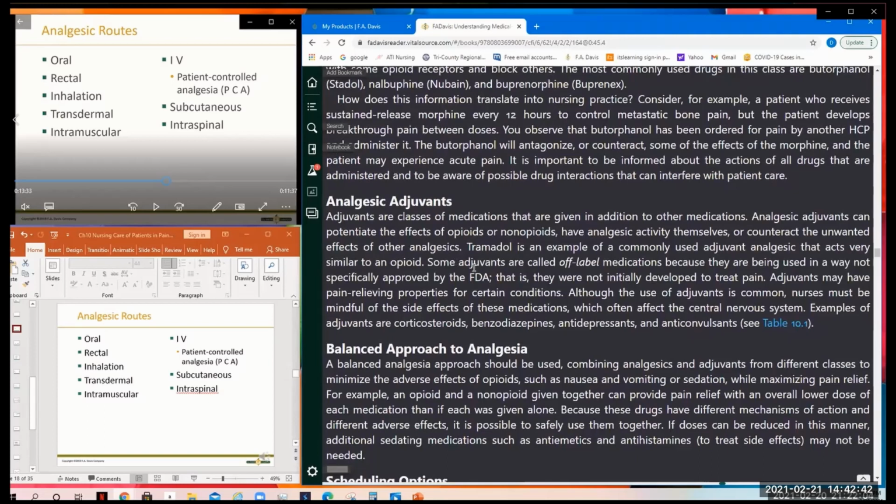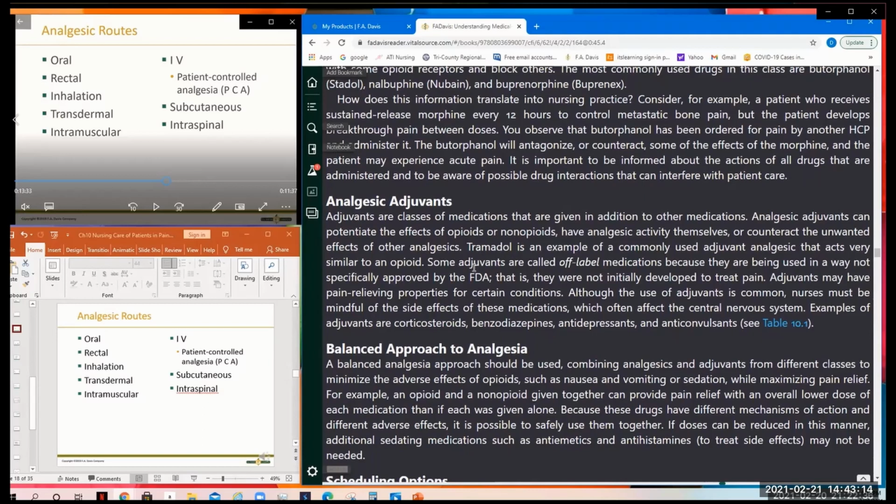Tramadol is an example of a commonly used adjuvant analgesic that acts very similar to an opioid. Some adjuvants are called off-label medications because they are being used in a way not specifically approved by the FDA. That is, they were not initially developed to treat pain. Adjuvants may have pain relieving properties for certain conditions.